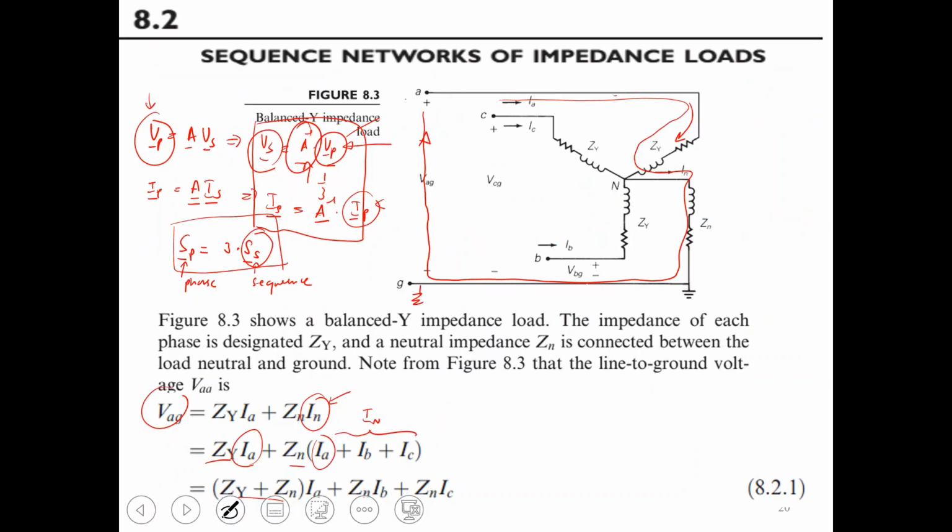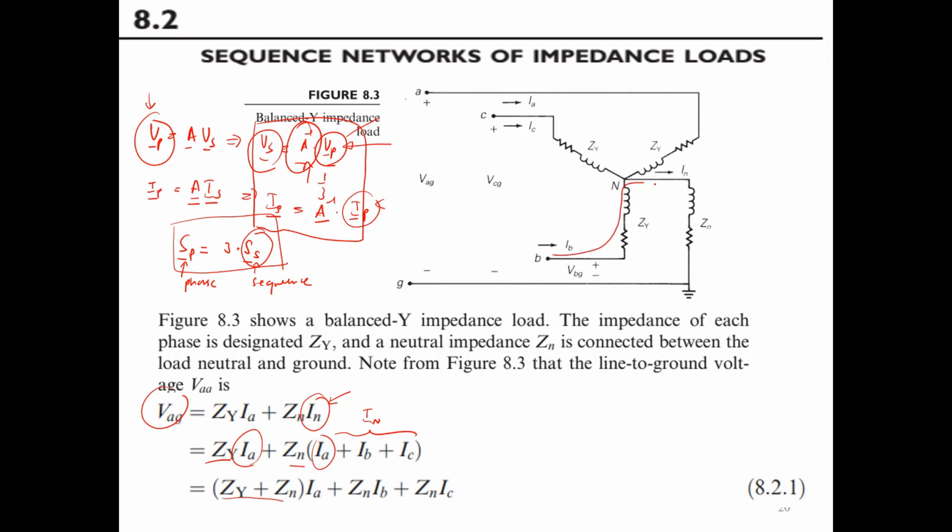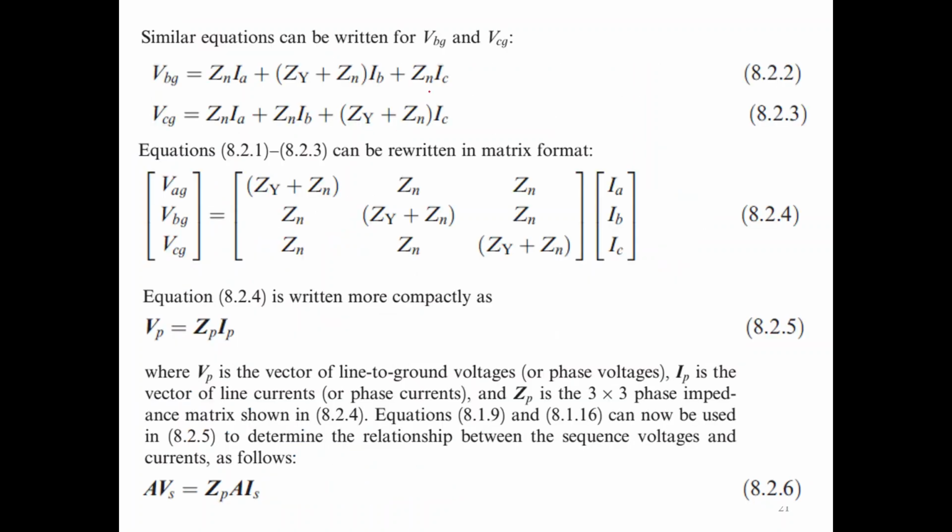Similarly, we start with phase B, for example. We start with B and go in this direction, and you come back to the closed loop like this. So this is the KVL around phase B. You can rearrange, and you can see that once you are considering any loop, for example phase B, the neutral impedance Zn will play into the picture.